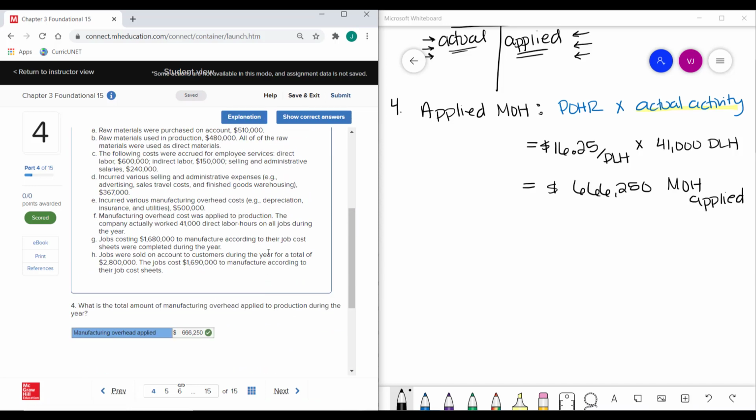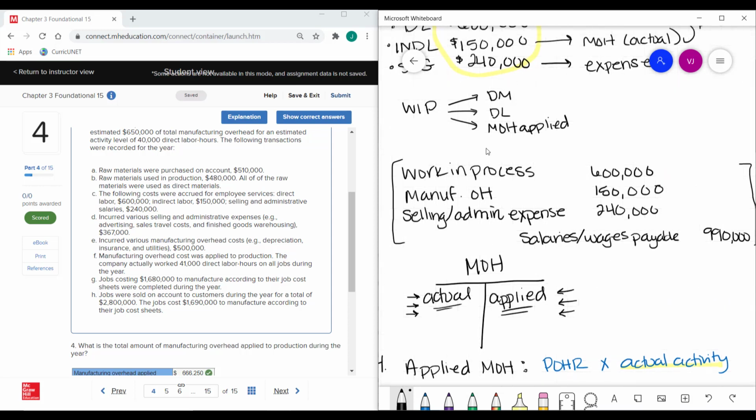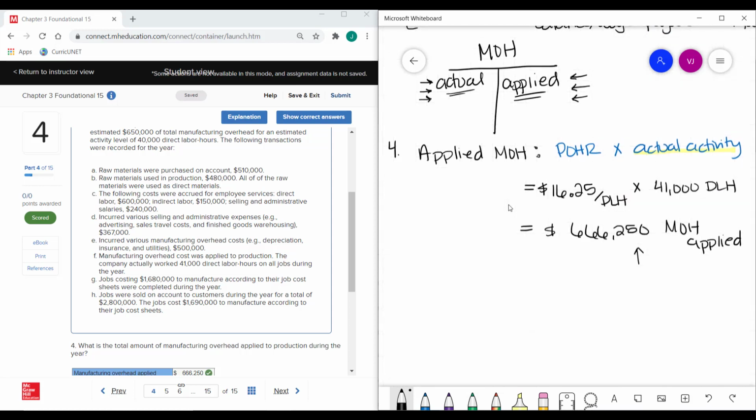Okay, there we go. So just a quick note, what would the journal entry look like to record this application of overhead? So remember, manufacturing overhead applied is one of the 3 categories of costs that get added into work in process, right? And if you look at that manufacturing overhead T account, to apply overhead, you credit that account.